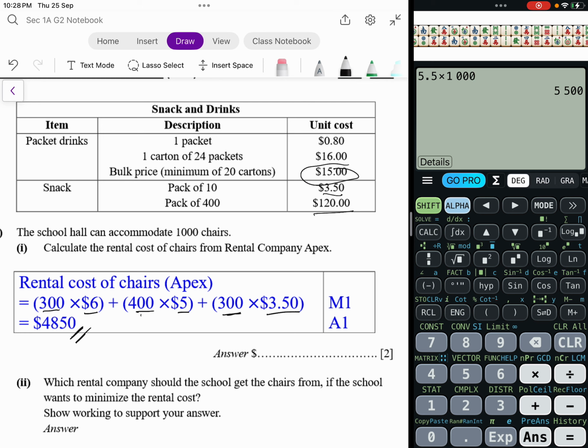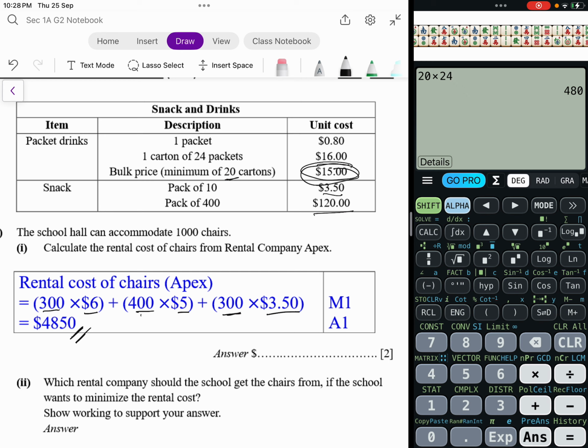So you have 1,000 people coming, so you need 1,000 packets of drink. You need to know whether we can actually afford bulk price. If you order a minimum of 20 cartons, that means 20 times 24, because one carton is 24. So if you order at least 480 packets of drink, you can pay $15 per carton.